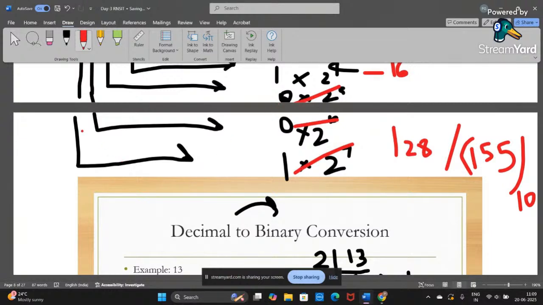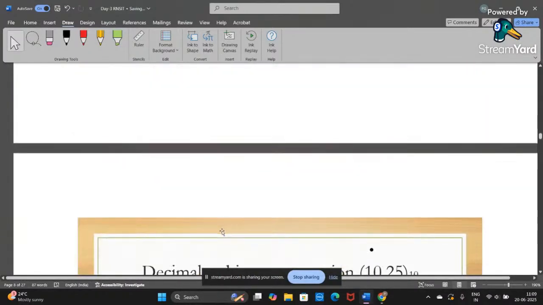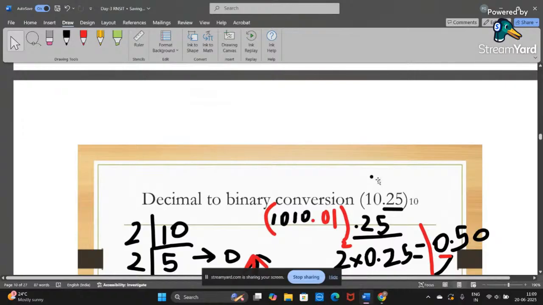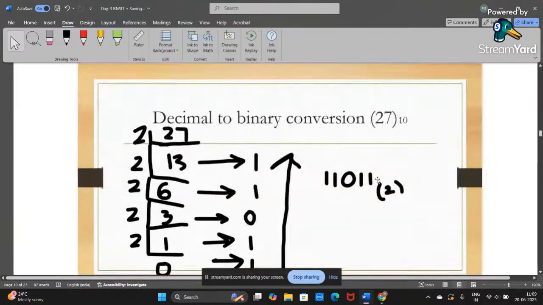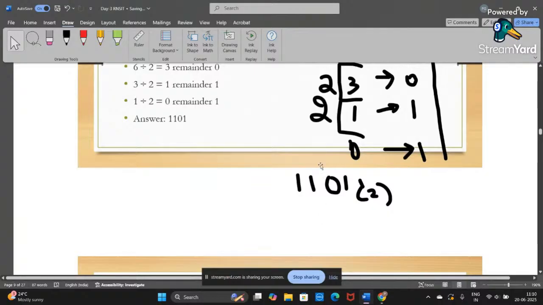See, in converting from decimal to binary, we have seen decimal points like 10.25. But here, let us try the decimal points.